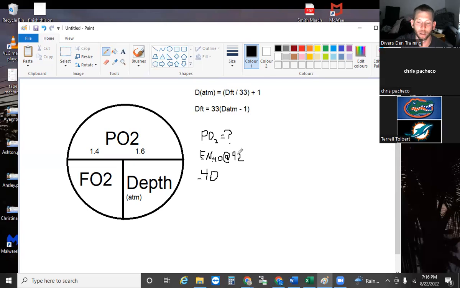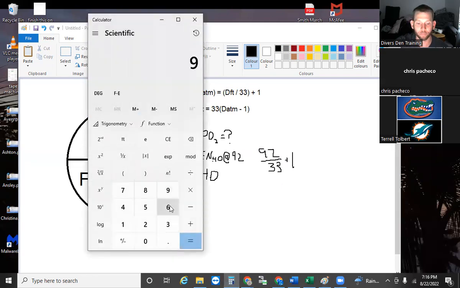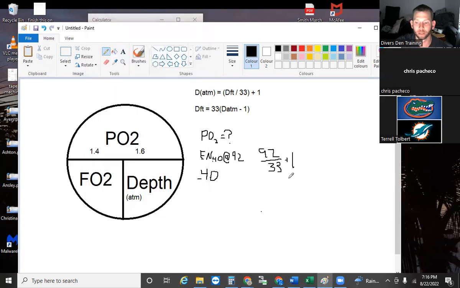I have to convert that to atmospheres. So it's going to be 92 divided by 33 plus 1. All right, that's 3.78.